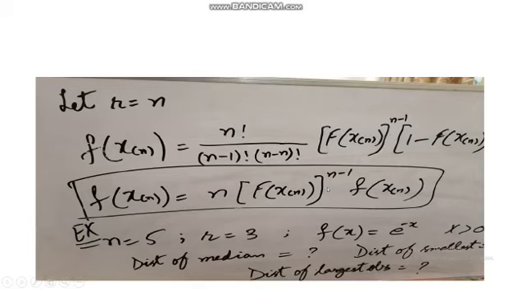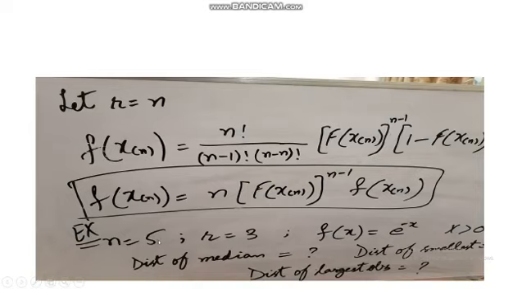Now as an example, suppose we have 5 observations with the density function e raised to the power minus x, and we need to find the distribution of the median, the distribution of the smallest observation, or the distribution of the largest observation. For that, we will use the formulas we have seen earlier.